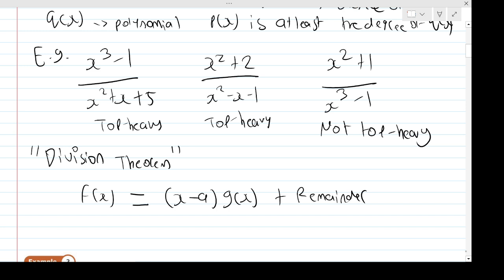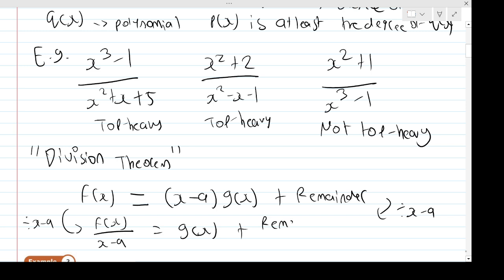What we can do then is divide by x minus a on both sides, and you'll see more clearly what this means. If we divide by x minus a on both sides, f of x over x minus a will give us g of x, plus remainder over x minus a, okay?